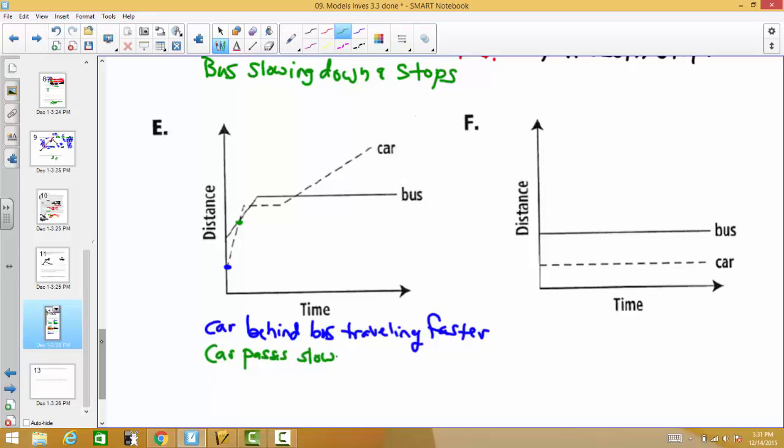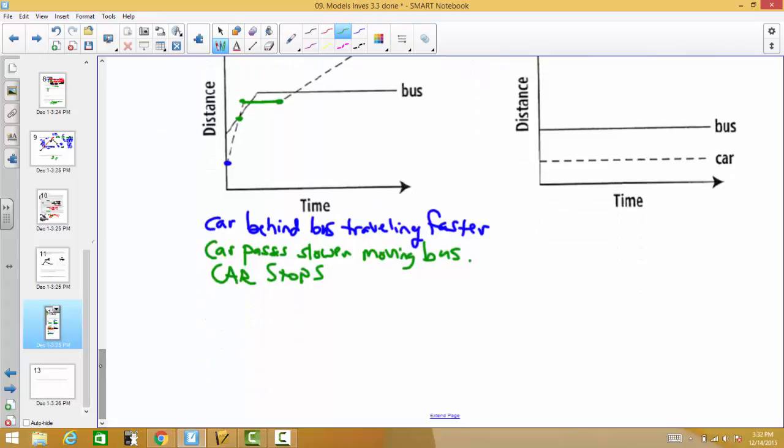I'm going to put slower moving bus. Then, right here, the car stops. Maybe they got a ticket for going too fast. Maybe they stopped to help a duck cross the street.